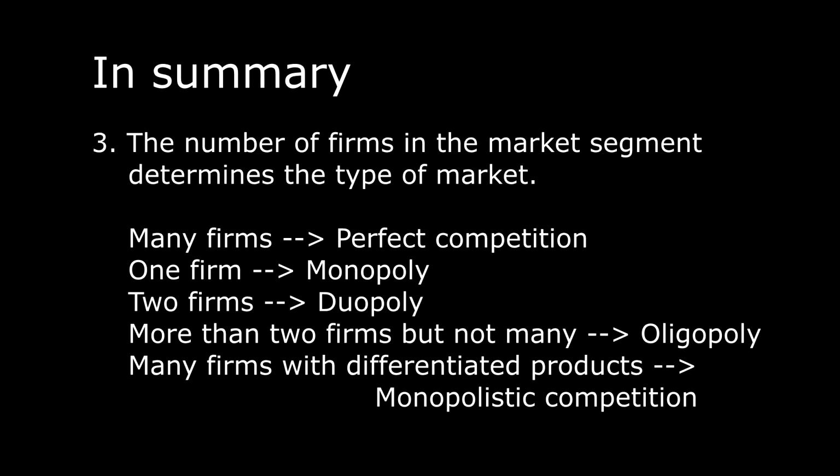Then you see, if that segment belongs to just 2 firms or 2 competitors, it is a duopoly. Moreover, if you can count more than 2 firms, but not many, it means that that segment is an oligopoly.